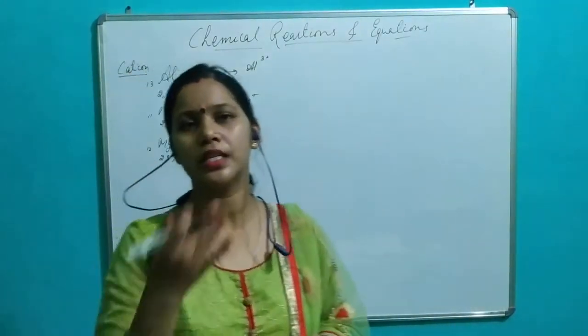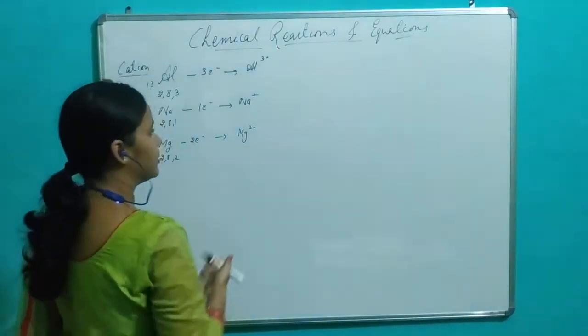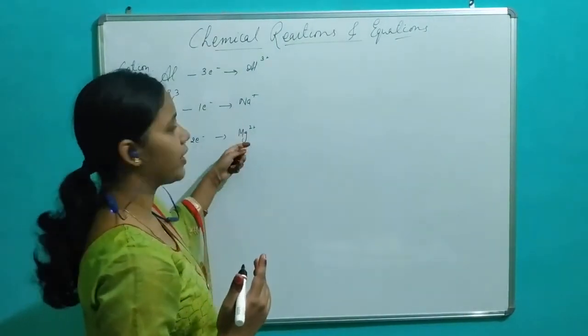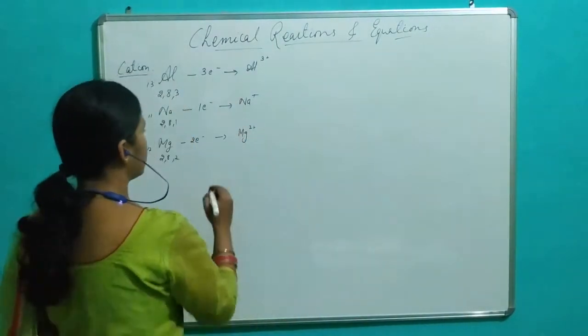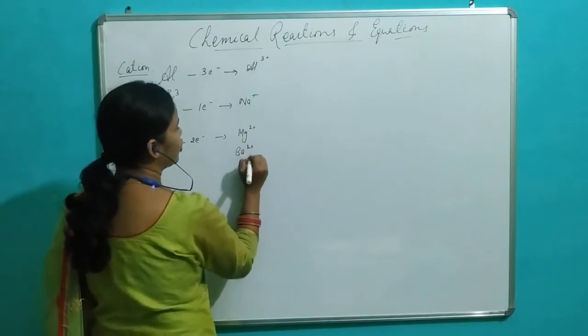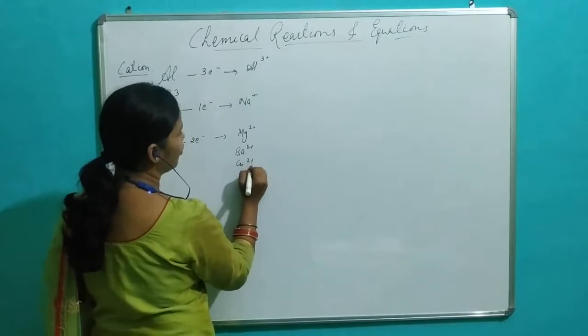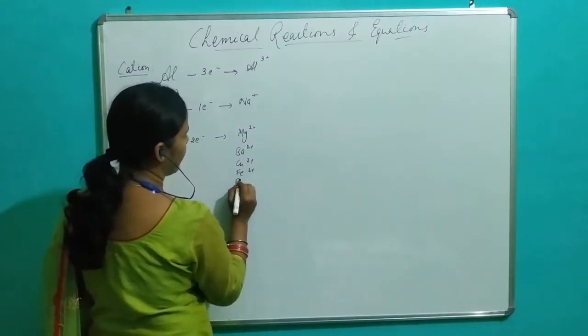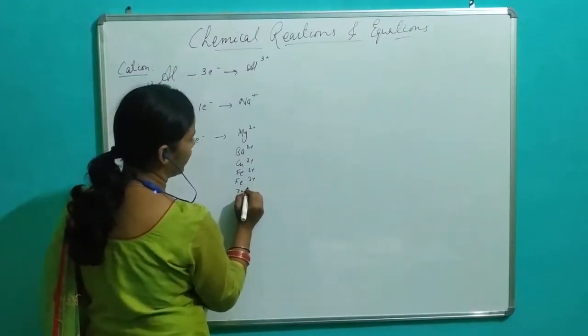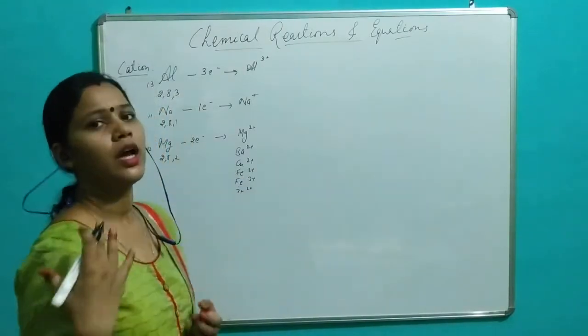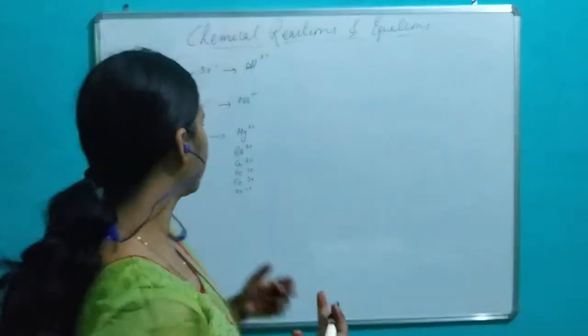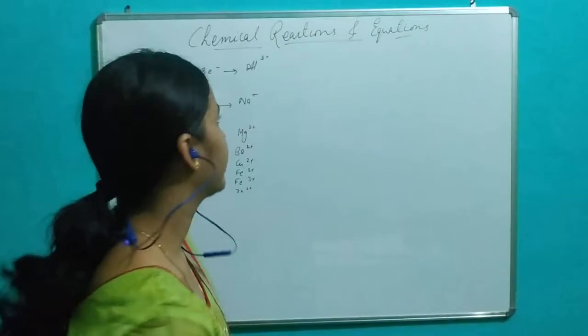There are various metals which can form monovalent, bivalent and trivalent ions. For example, Ba2+, then we have Cu2+, Fe2+, Fe3+, Zn2+. All these are positive cations because they have a tendency to lose electrons.